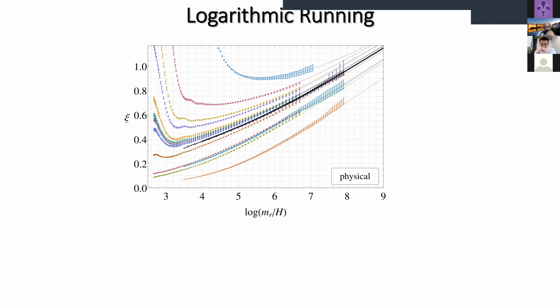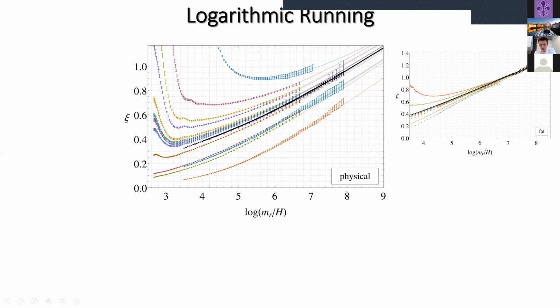This linear-in-log increase is even more evident in the fast string system, shown here, where any reasonable nonlinear function of log is a bad fit to the black points. So this gives a numerical proof that there is a logarithmic running of the number of strings per Hubble volume, which is a non-trivial statement.